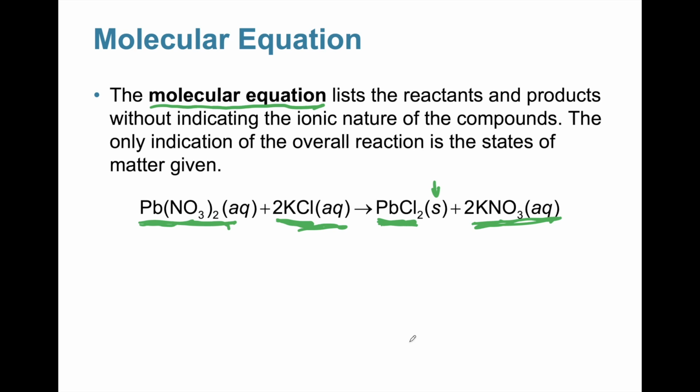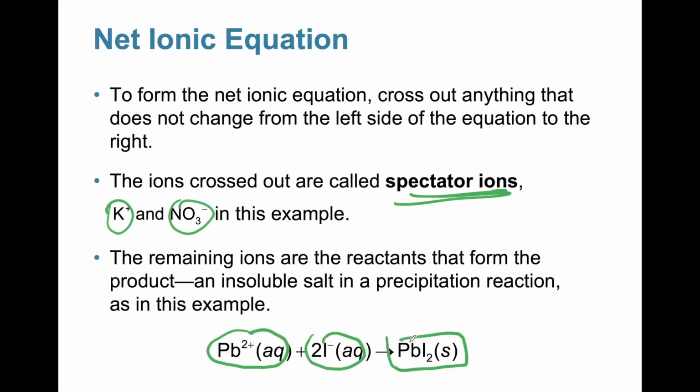And so when we want to make a net ionic equation, it's always going to be just the two ions, the cation and the anion, that make this precipitate. Everything else is a spectator, so we don't need to worry about anything else.